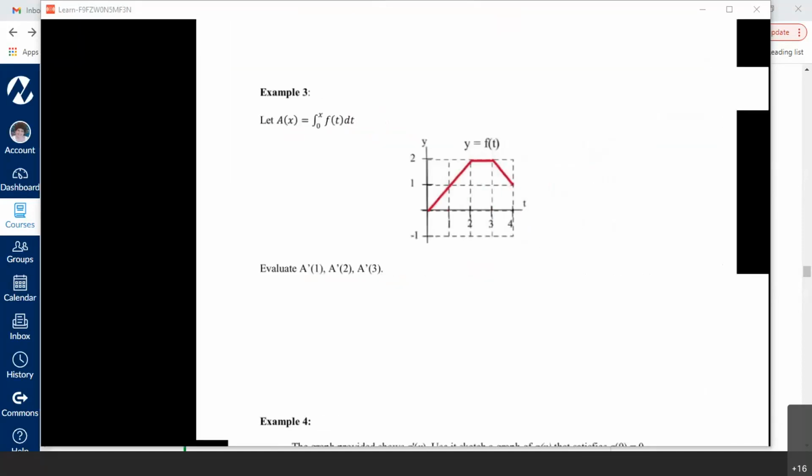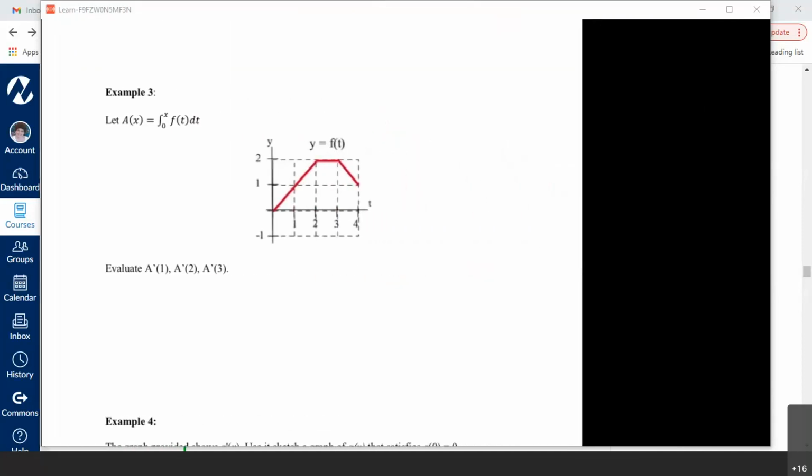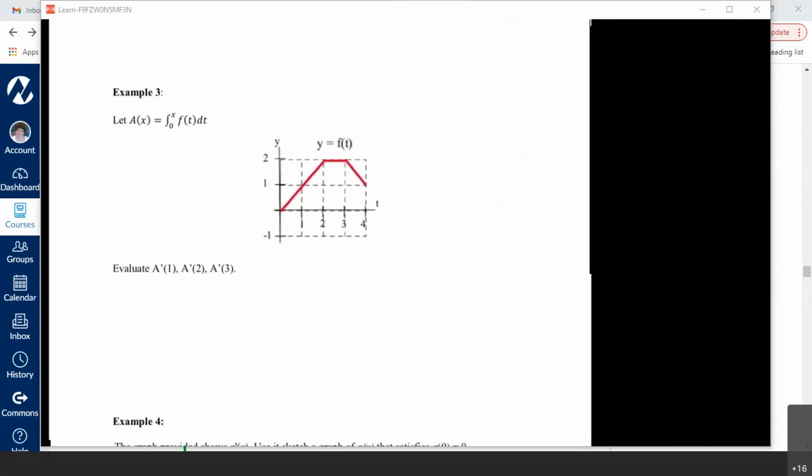Okay, let's look at another example like this. I want to do two things. They're showing derivatives here as well as integrals, but let me start with this.